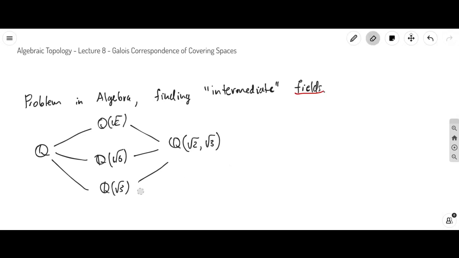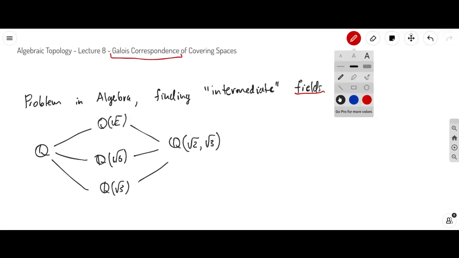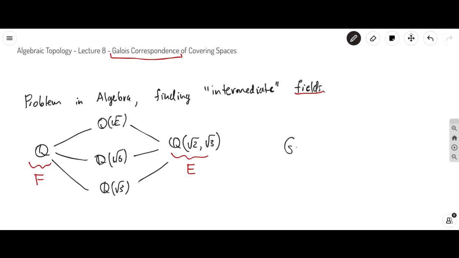And then you can ask the question, how do you know that these are the only three? How do you know there's nothing else? And that's not quite clear how to do it. And in algebra, we talk about what is known as Galois correspondence. The way Galois correspondence works is, let's say we call this one F, that's our field, and let's say we call this one E, that's our other field. Then you create something called the Galois group.